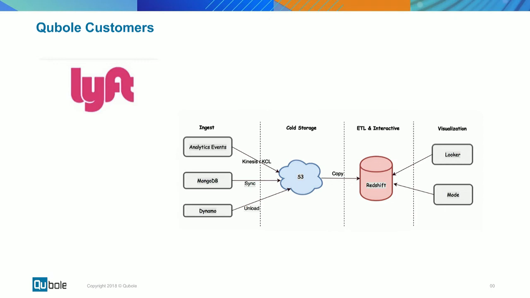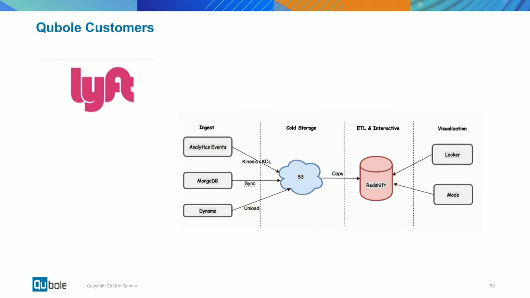Let's start with Lyft. In the early days, this is what the Lyft architecture used to look like. They were ingesting from a variety of data sources, moving the data into cloud storage, and then performing ETL into Redshift, Amazon's proprietary columnar database.